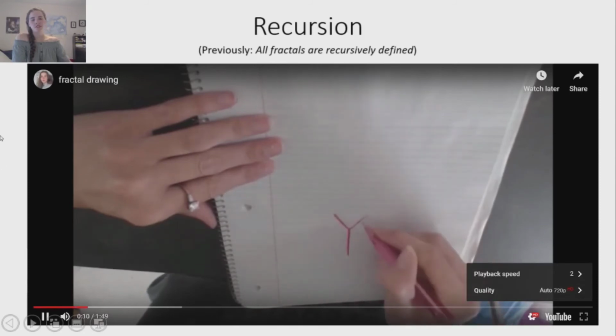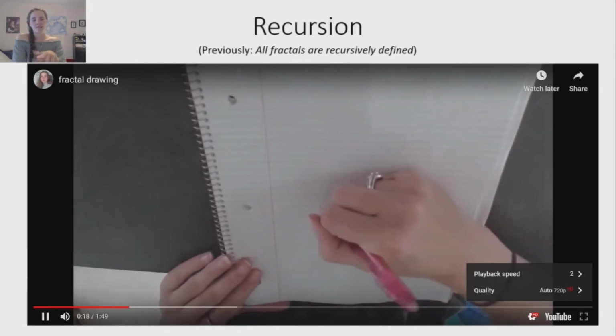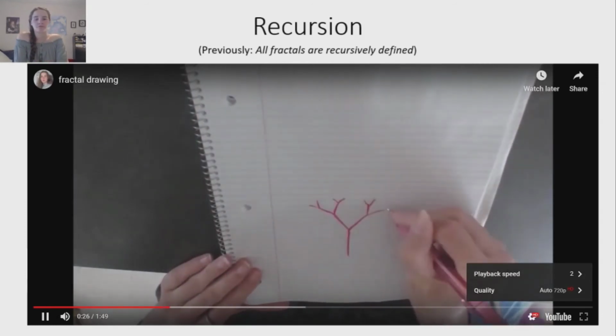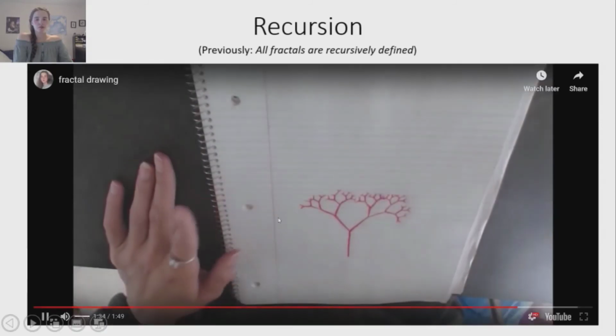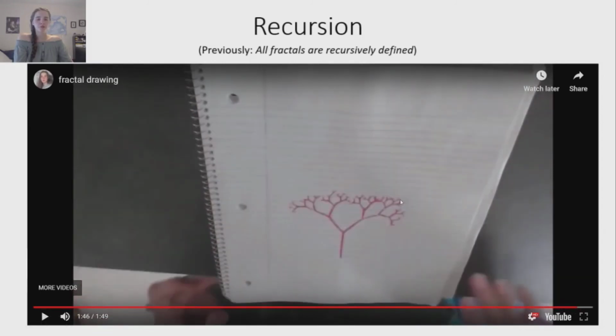So my seed is just that kind of forked tree, and then on each branch, I just draw another fork. And when we talk about a fractal, we're talking about the limit of that process. I stopped here, but for a true fractal, the process keeps going and going. So this is only a representation of a fractal.